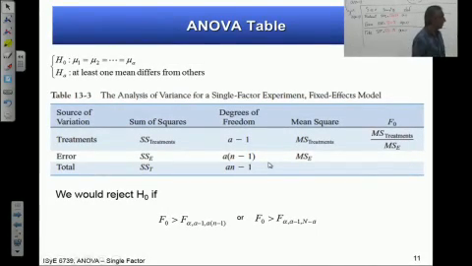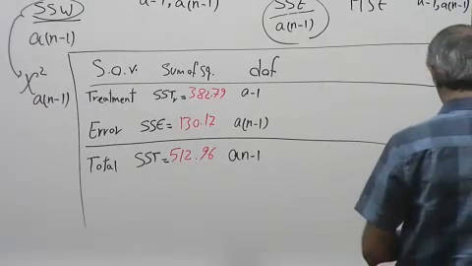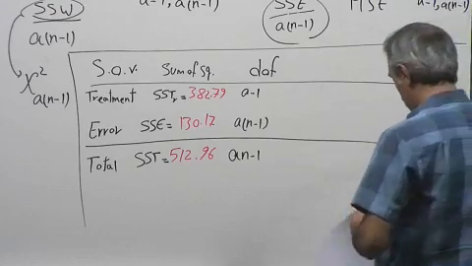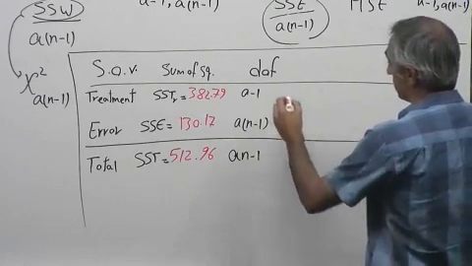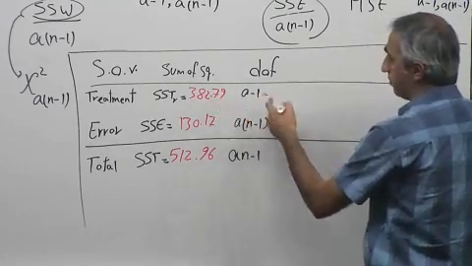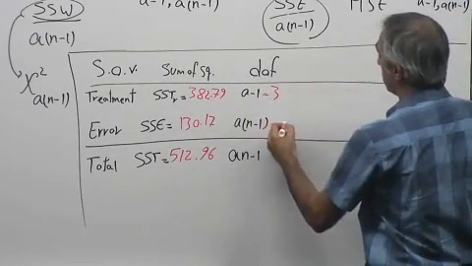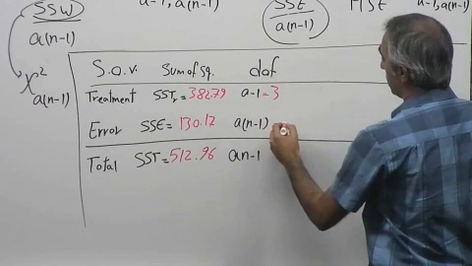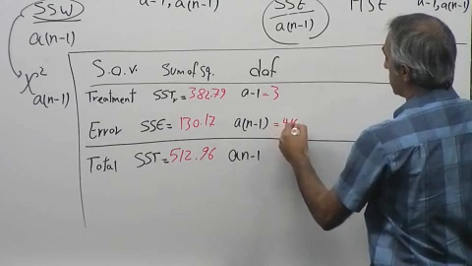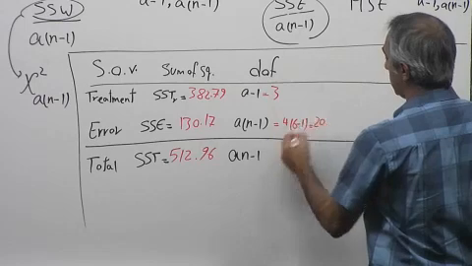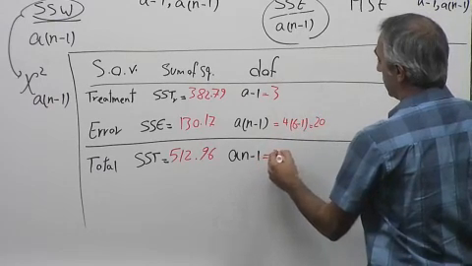That's the table I'm trying to fill. A minus 1, where A is 4, is 3. Error would be 4 times (6 minus 1), which is 20. And altogether it is 23.